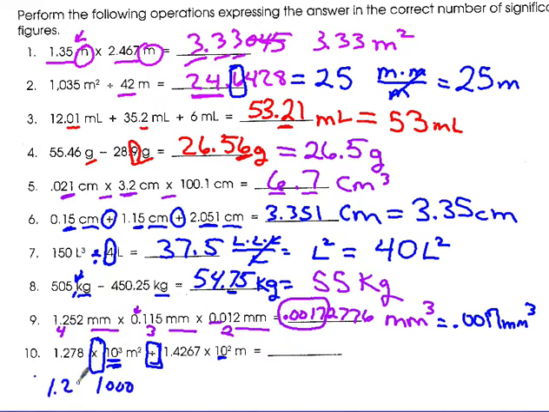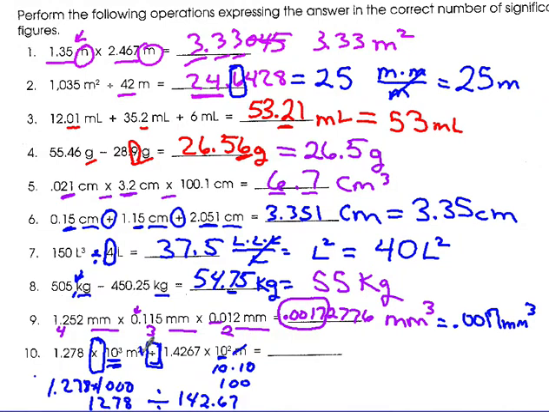So I've got 1.278 times 1,000, which would be 1,278. Divided by this one, 10 squared is like 10 times 10, which is 100. 100 times 1.427 would be 142.67.